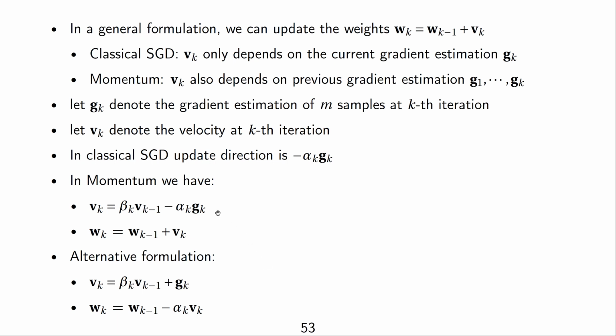So in this formulation here, we take the velocity as beta k times vk minus 1, same as before, but now here is a change. We're subtracting out alpha k, this is the learning rate, times the gradient at the current iteration. Now, since we are actually subtracting gradients instead of adding them, this velocity will point in the opposite direction.